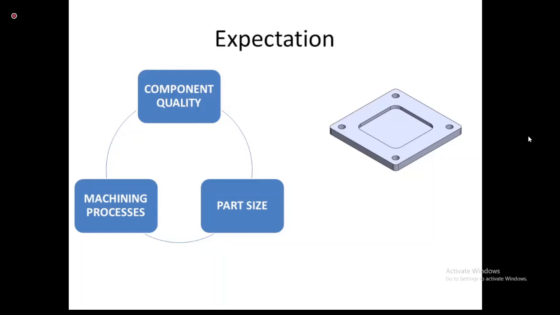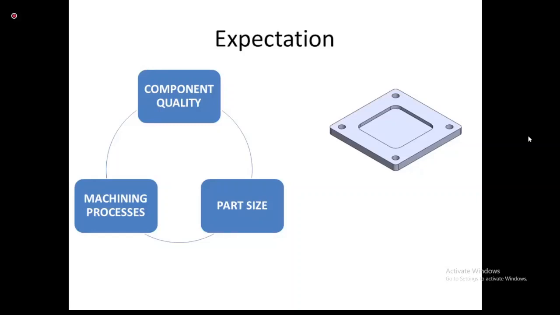Like there might be an expectation that we want the component to look exotic. So if you want the component to look exotic, then definitely you will procure some exotic material like MS or SS. So if you want the product quality to be on the higher side, which is one of the expectations of the management, then definitely you will procure some high quality grade material.